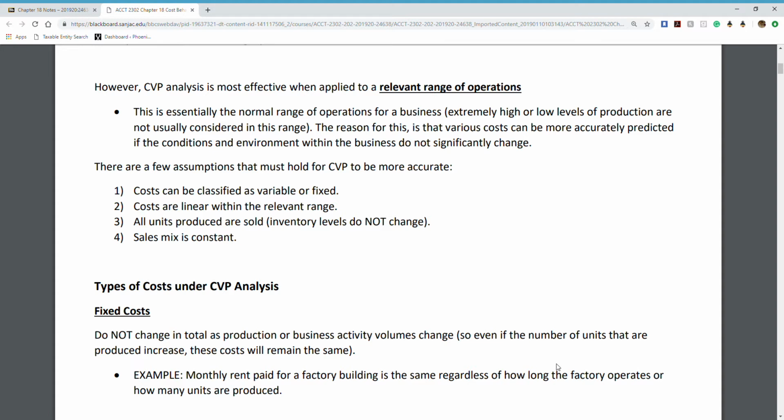All units produced are sold. Inventory levels do not change, so we're not dealing with FIFO, LIFO, weighted average, all those fun little inventory methods. This one just says if it all sells, it all sells. Yay. And when we get into it, the sales mix is constant. It's going to follow a ratio, so we're going to go with that. Okay.